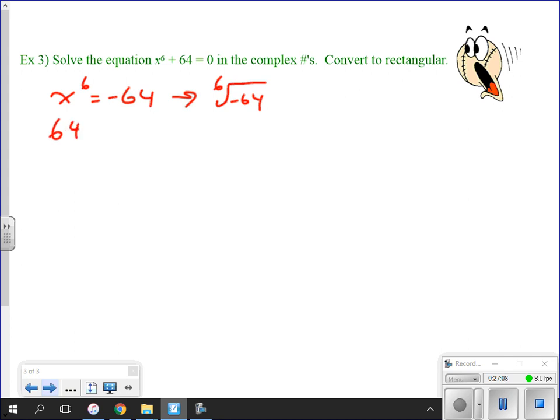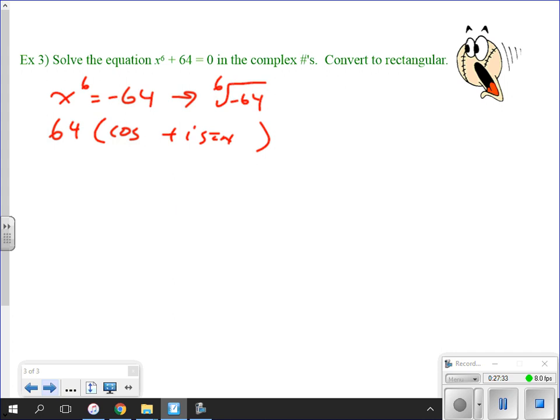So that would give 64 times the cosine of some angle plus i sine of some angle. Now I've got to figure out what that angle is. It's going to give me negative 64 and only negative 64. So I want to know what angle gives me a negative 1 for the cosine and a 0 for the sine.